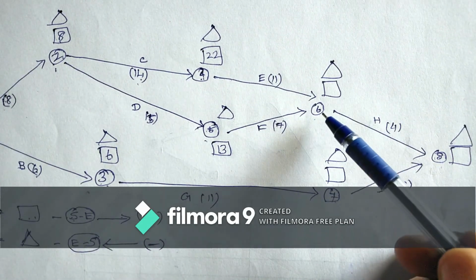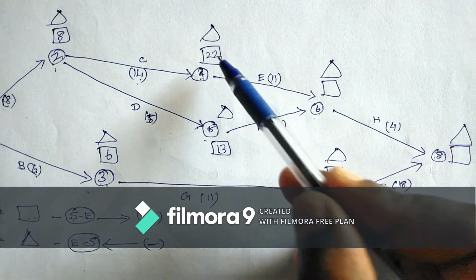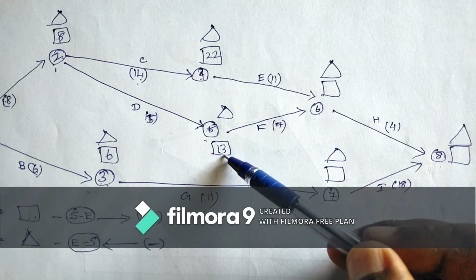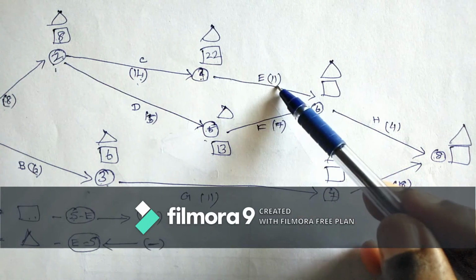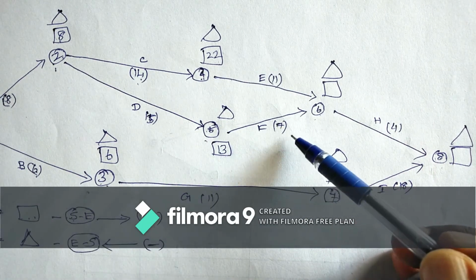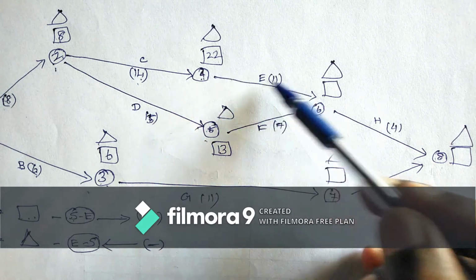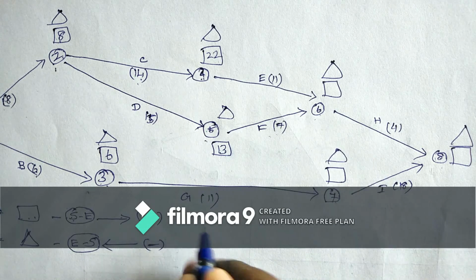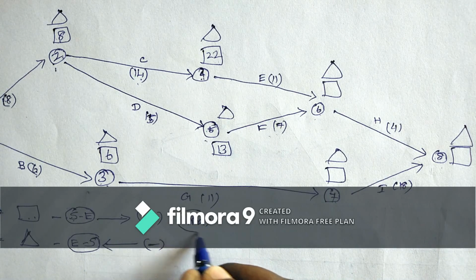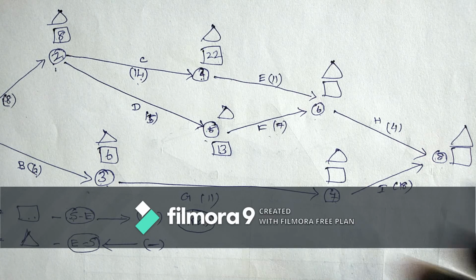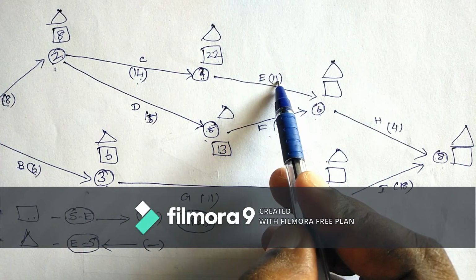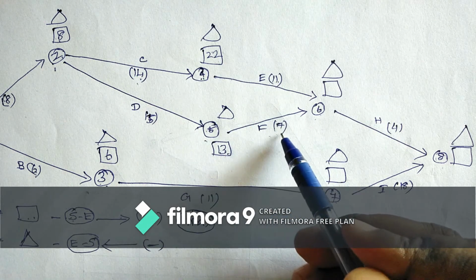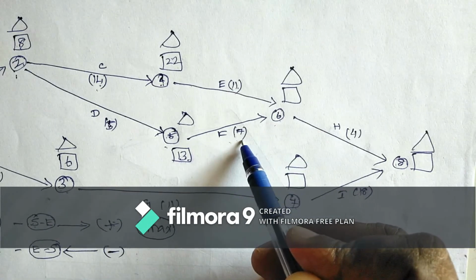Same way, for the sixth one, there are two previous values. Here 22 and 13. So here 22 plus 11, 13 plus 7. So we have two different previous values, so we have to pick the maximum value. 22 plus 11 is one value. 13 plus 7 is another value.